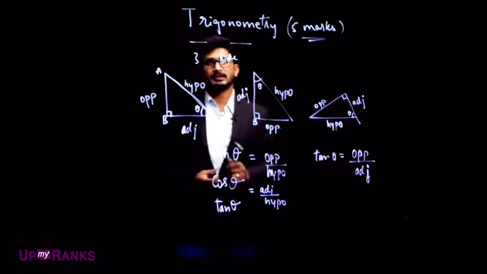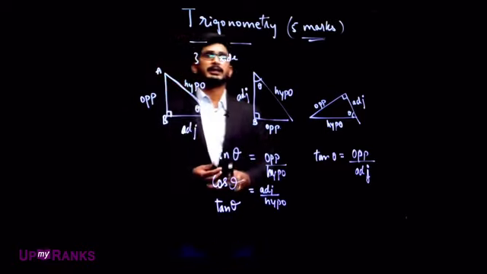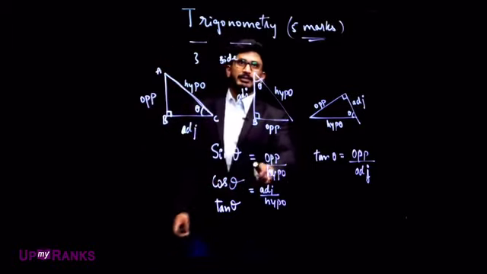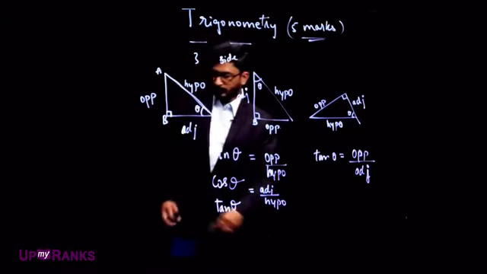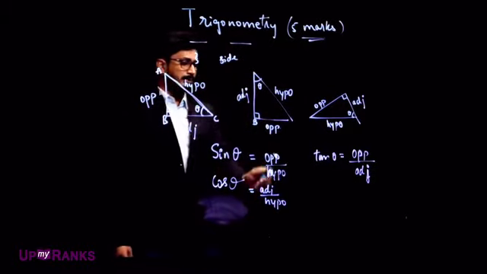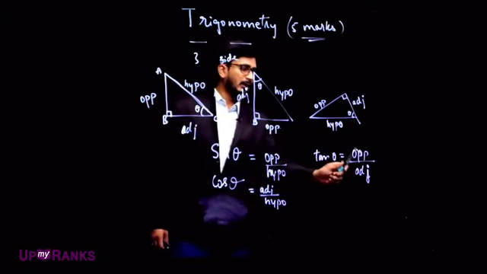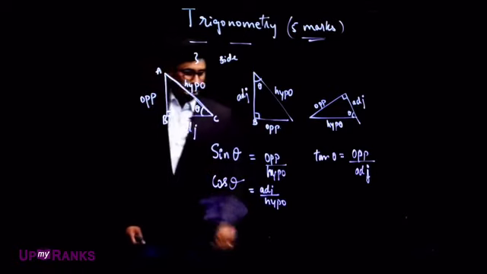It's very easy. The first very important thing is to understand these 3: sine, cos and tan. Sine theta is opposite by hypotenuse, cos theta is adjacent by hypotenuse, and tan theta is opposite by adjacent. We have to remember these things.